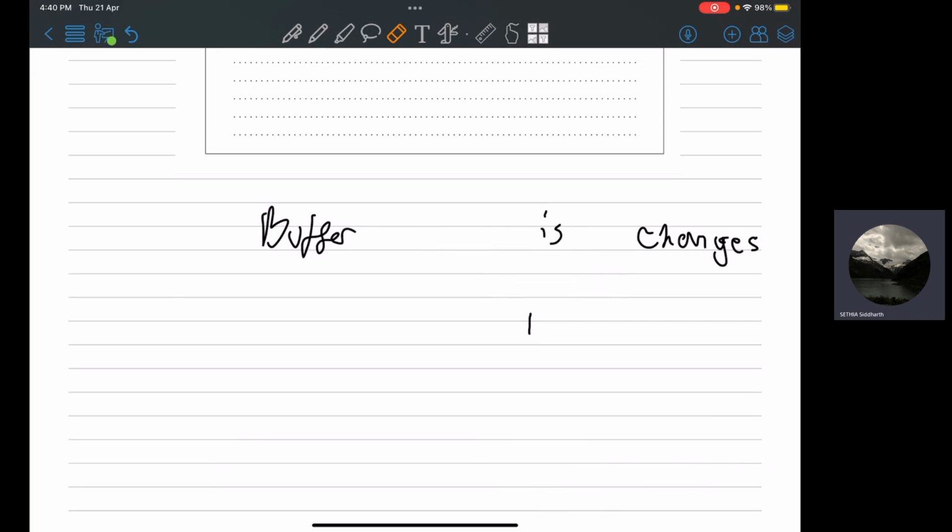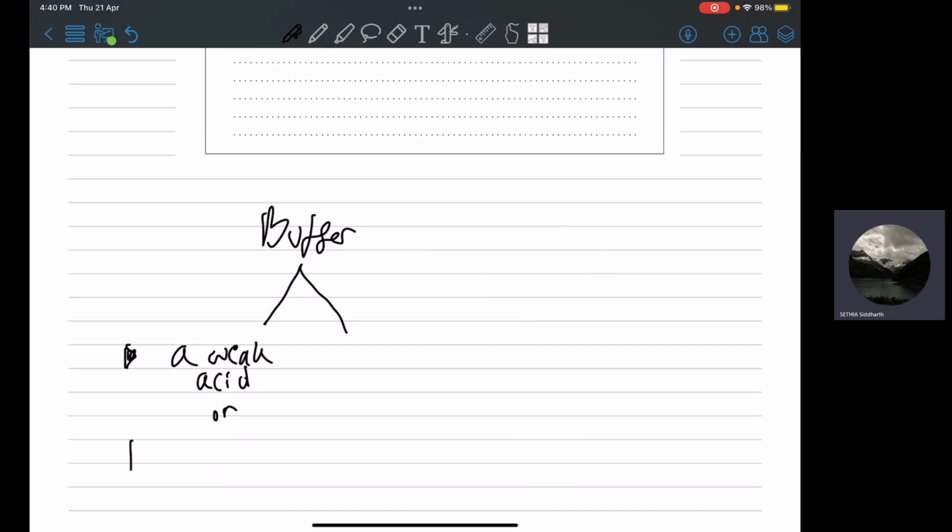So what is a buffer made up of? Okay, so a buffer is made up of two things. It can be made up of a weak acid or it can be made up of a weak base. So one of these.